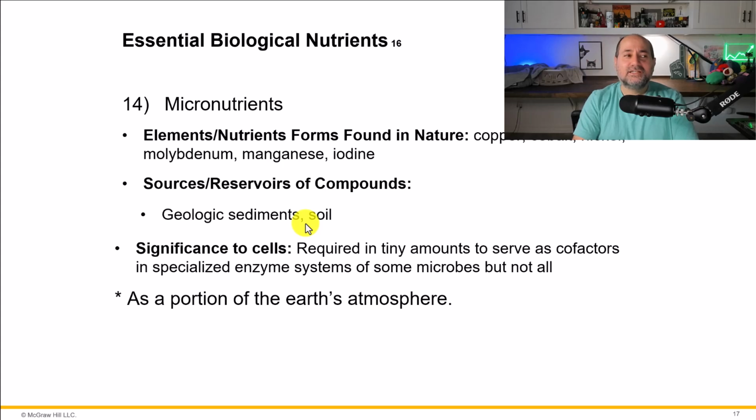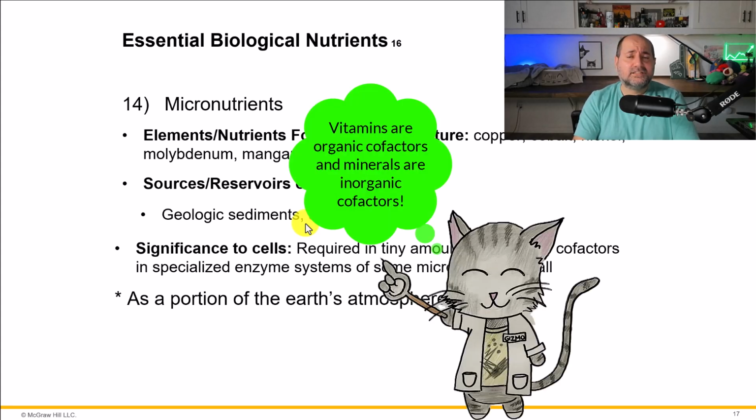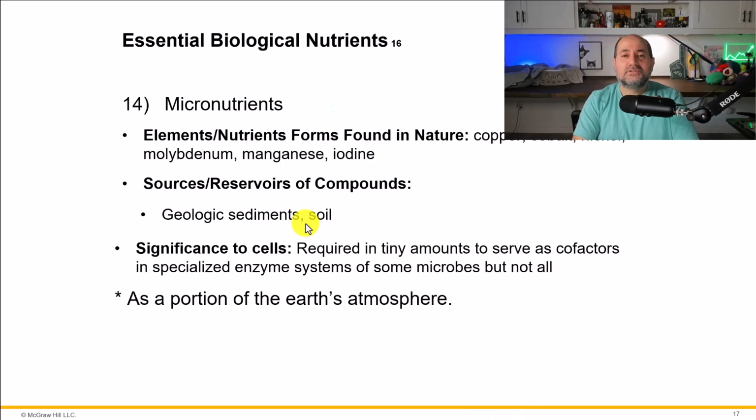Well, did you know that vitamins are organic nutrients that you need to consume, and minerals are inorganic nutrients that you need to consume, right? These are known as cofactors. Vitamins are organic cofactors. Minerals are inorganic cofactors. What are cofactors? Enzyme helpers. These are substances that help your enzymes function.